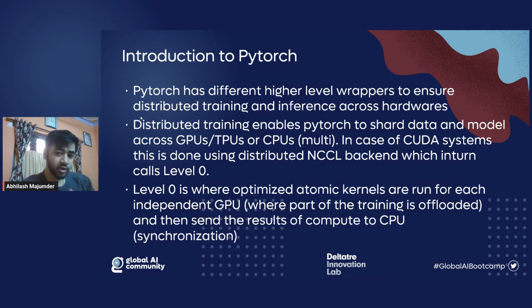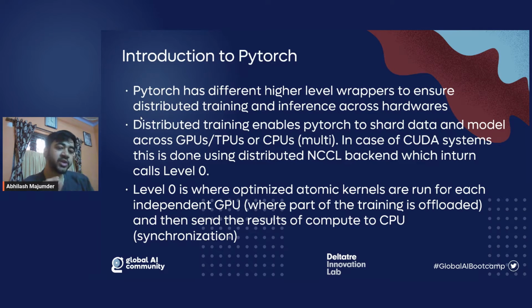It is always important to remember that this level 0 is very atomic. That means inside a GPU card, you are going to have a small section which only performs your addition operation. Similarly, you are going to have a small section or a small instruction set which performs your multiplication operation.